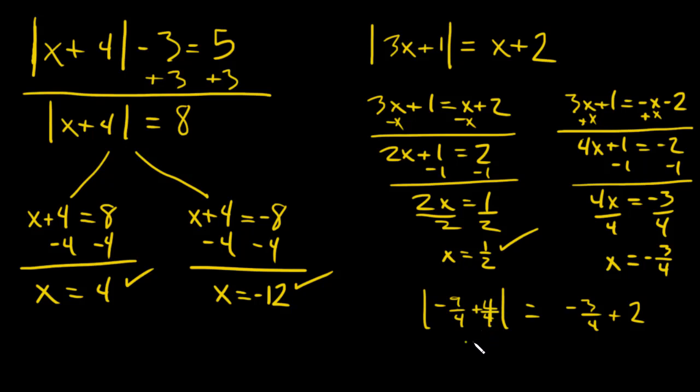And so that would be negative 5/4 equals negative 3/4 plus 8/4, so 5/4. Negative 5/4 equals positive 5/4. Yep, that's not right. So what that means is that this is an extraneous solution.